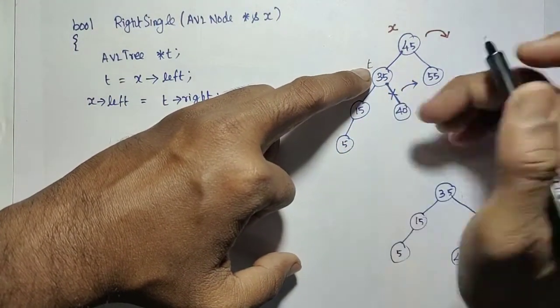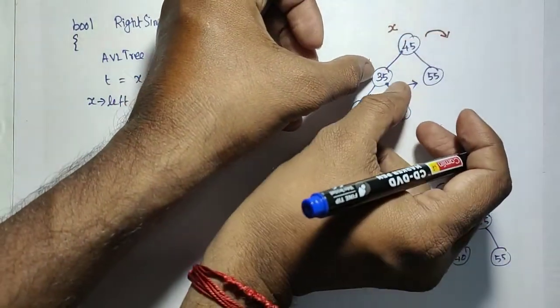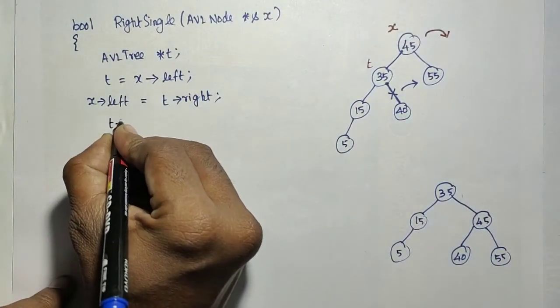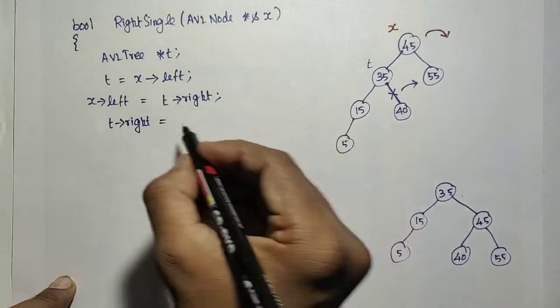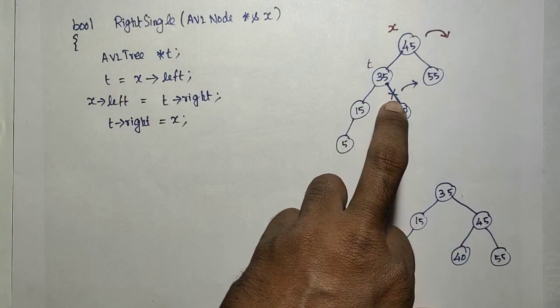So we are connecting this now, then this 45 has to be connected with right of the t. So t of right equal to x, like that you have to assign it.